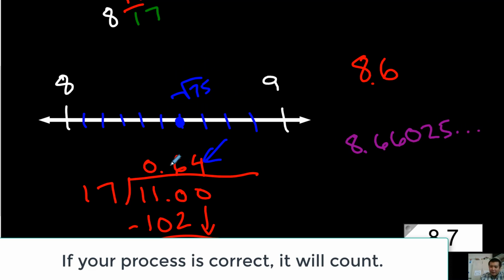If I see your work and it checks out with what it's supposed to be, even though this is supposed to be 8.7 according to the calculator, if you come out with 8.6 using the method that we talked about, we're pretty close, and I'm going to be pretty satisfied with that. As long as your work makes sense and shows correctly, we are going to count that, because it is pretty doggone close, okay?